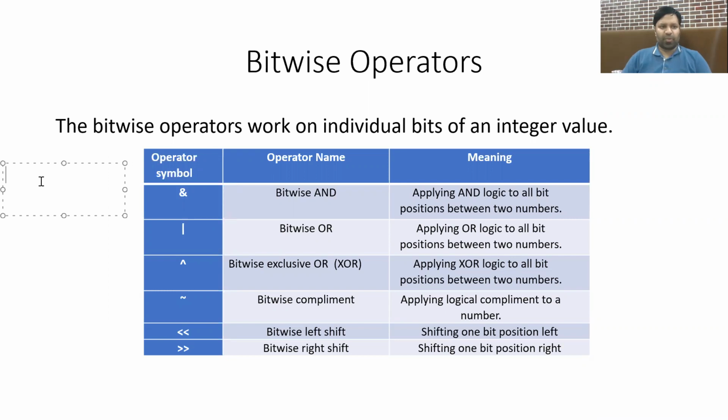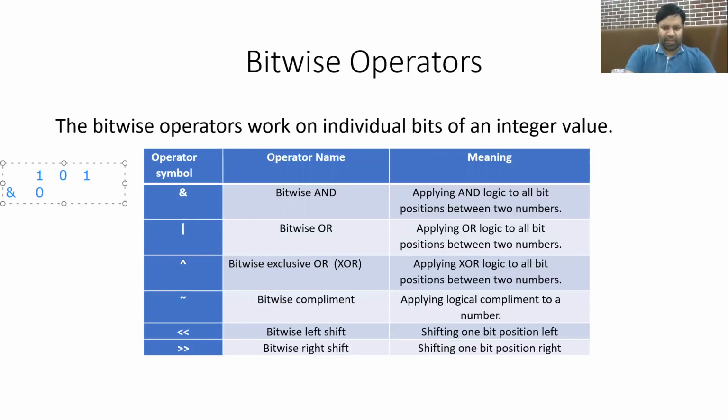Now let us suppose you apply the AND operator to 5 and 3. What is the binary equivalent of 5? The binary equivalent of 5 is 1, 0, 1. With which value you want to apply the AND operator? With 3. So what is the binary equivalent of 3? It is 0, 1 and 1.